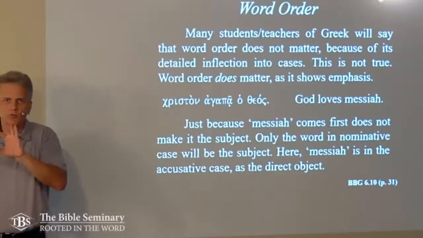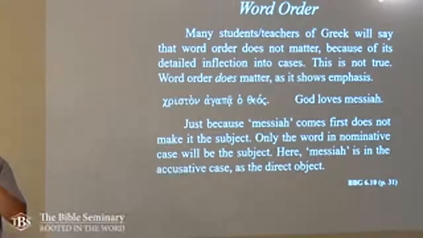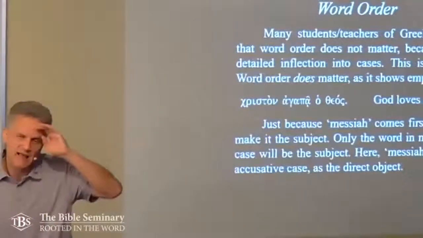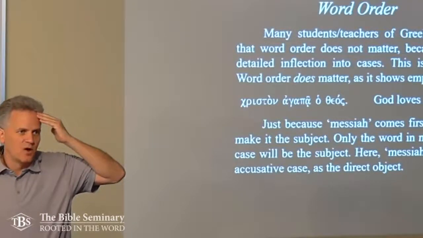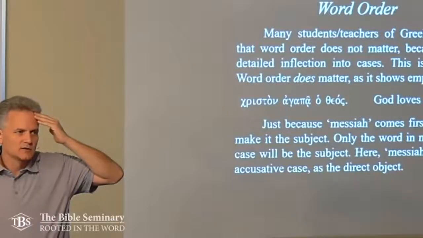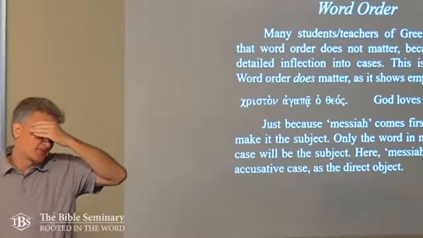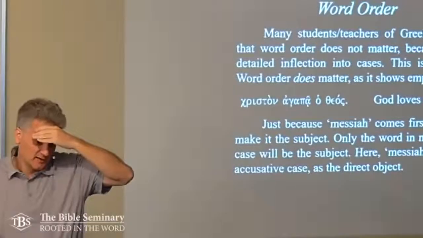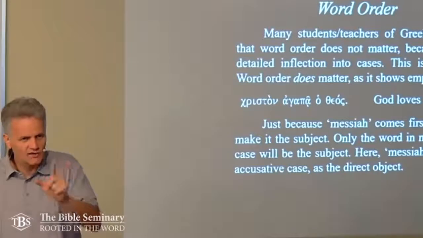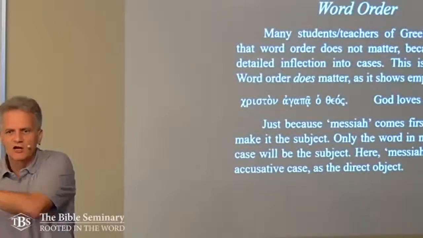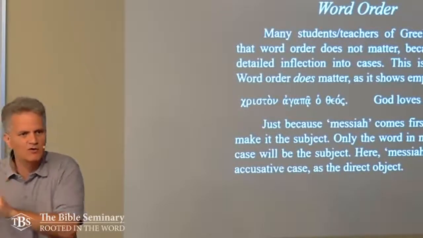There are translations of certain passages, especially in the King James, that do this. Oh boy, I always mix up the words here. Wide is the gate and broad is the way that leads to destruction, and many are those who enter by it.